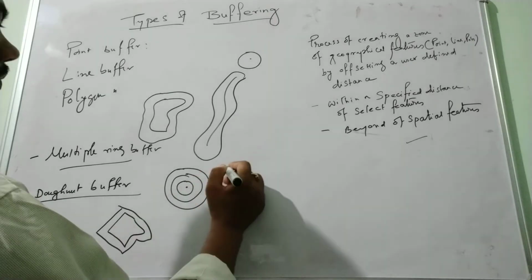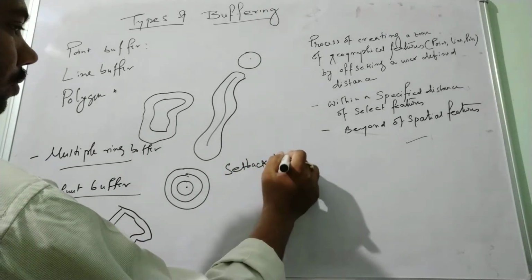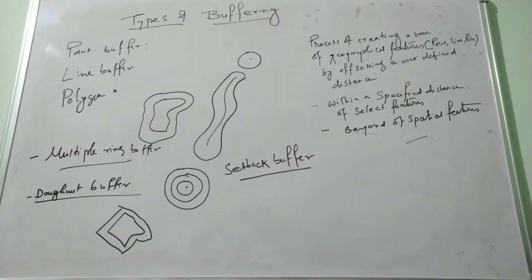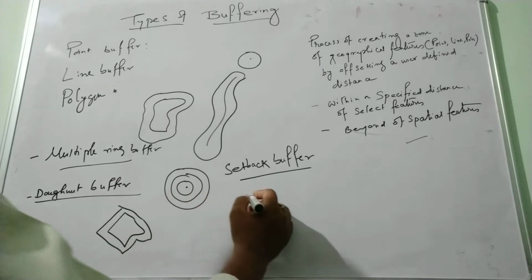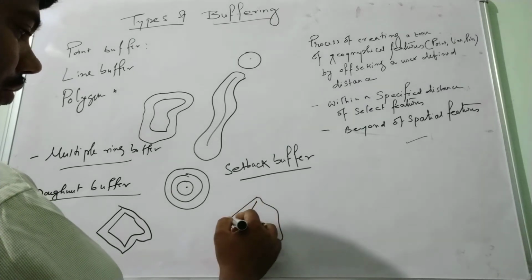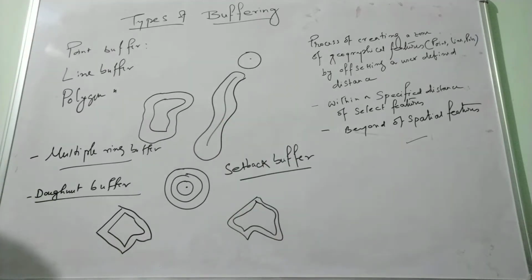Setback buffer: here, the buffer around the polygon features only extends inside the polygon boundary. Then this is called the setback buffer.